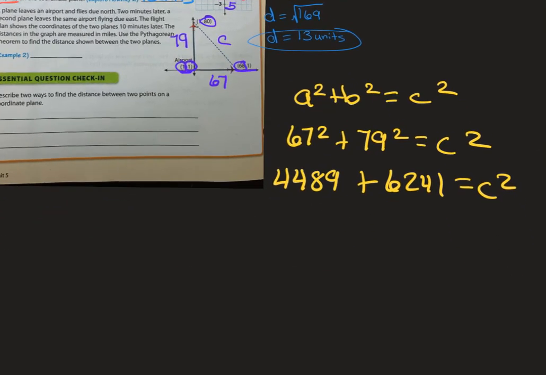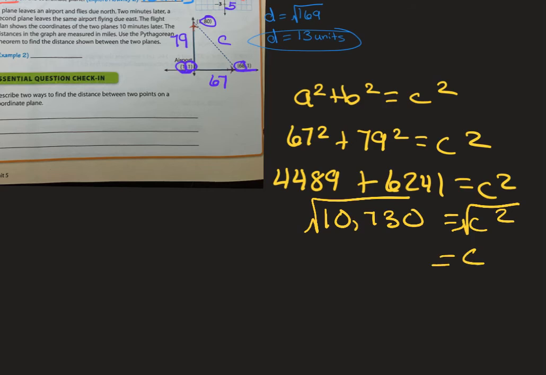Now I add those two values together, 4,489 plus 6,241, and I get 10,730 equals C squared.